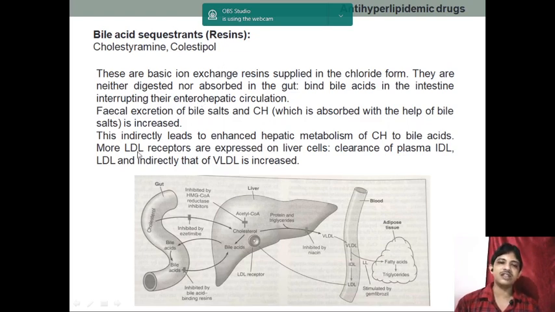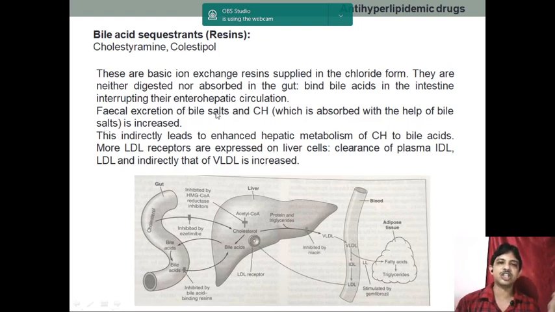Now, whenever we give resin-type drugs, they bind to the bile acid and inhibit its return to the liver. So they interrupt the enterohepatic circulation. After binding to the resin, the bile acid will not go back to the liver, but will be excreted.